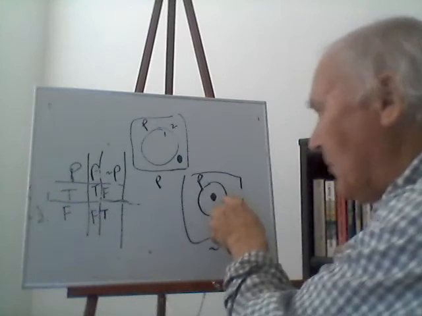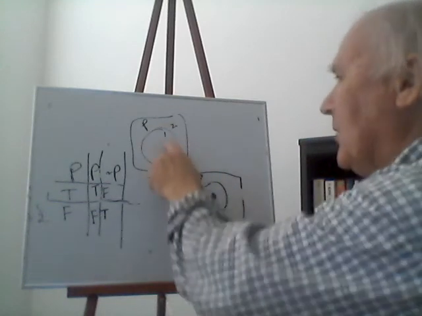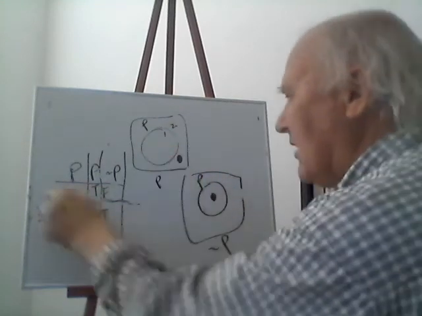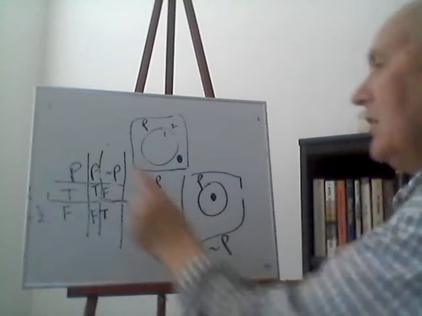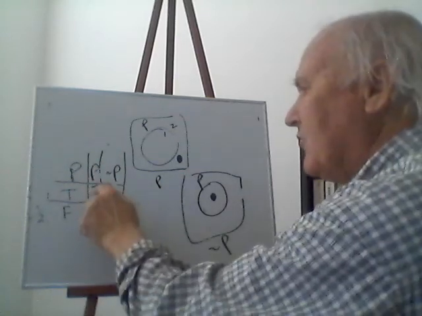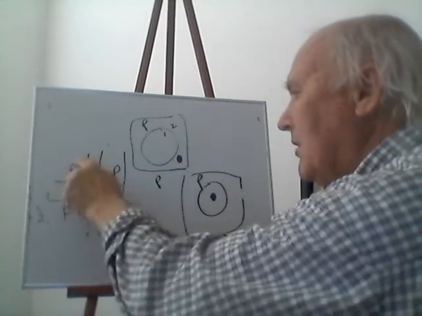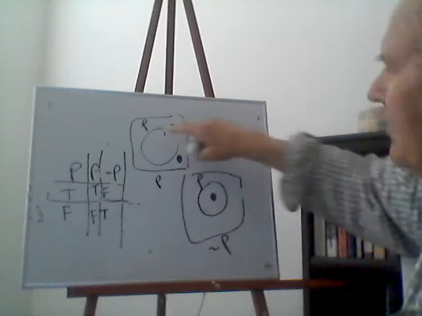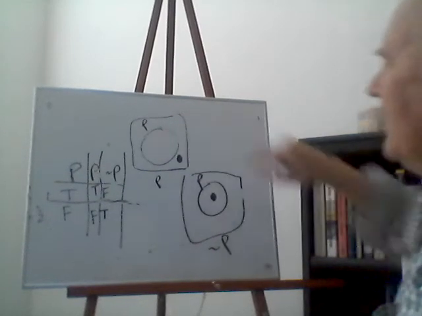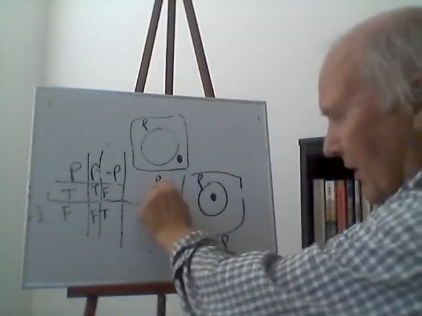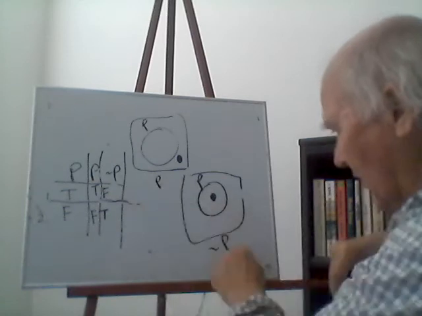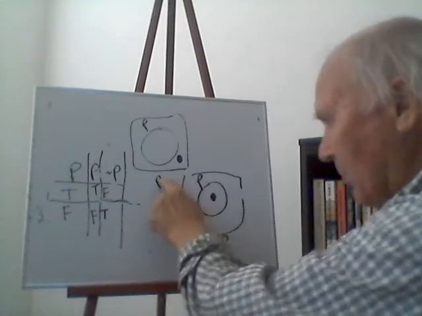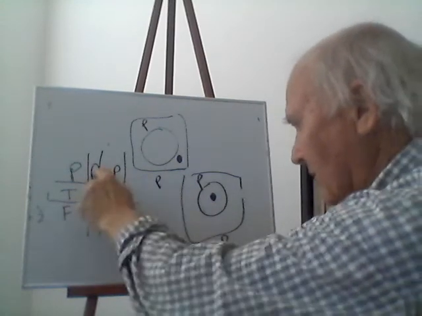Now, this diagram here says exactly what line 1 says. Line 1 says P is true when P is true. That's what this diagram says. You look at what sentence is being diagrammed, so you look here. This is P, so we're diagramming this.